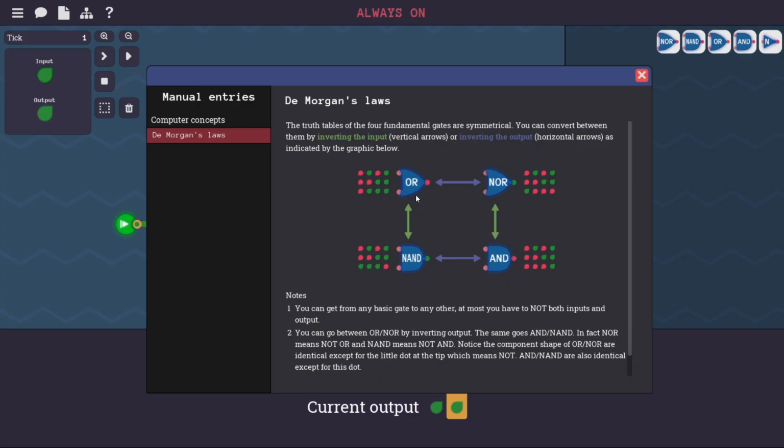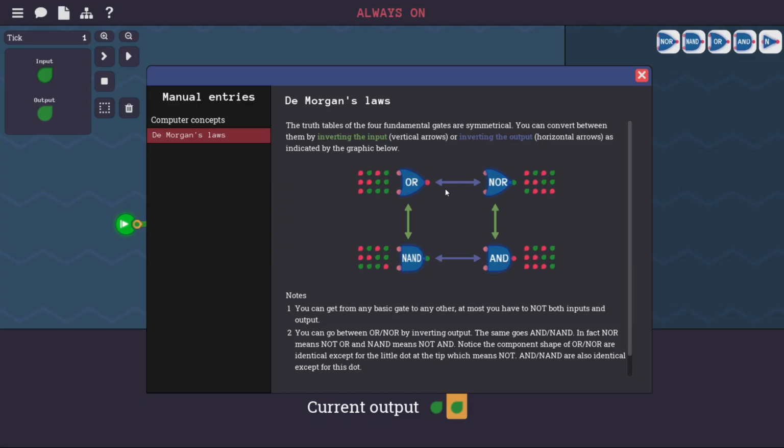Nice, I get it. If you have an OR gate and you invert the two inputs before they reach the OR gate, you get an AND gate. And if you have a NOR gate and you invert the inputs before it reaches the NOR gate, you get an AND gate. If you have an OR gate and invert the output, you get a NOR gate, which is an OR NOT.